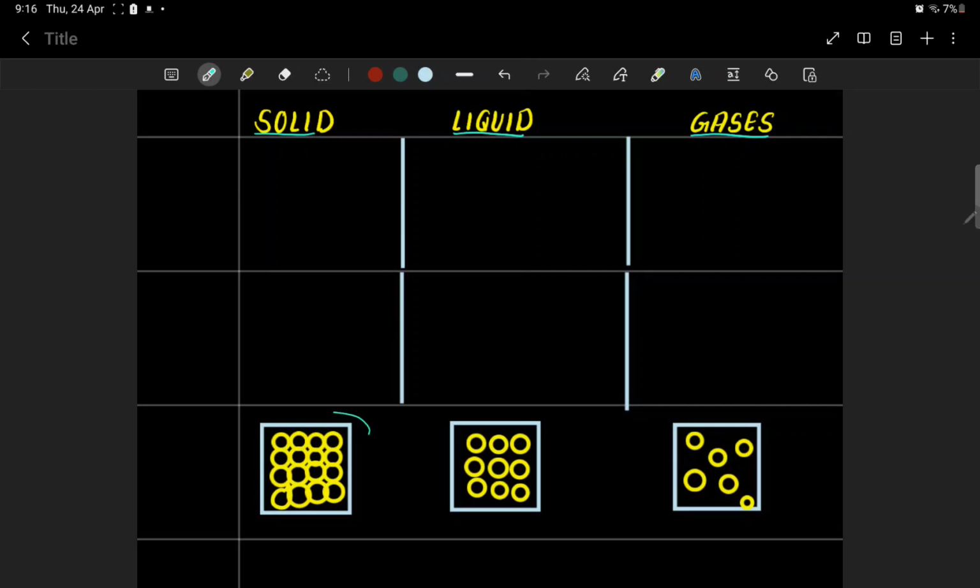So here you can observe, in solids the intermolecular space is very less. Firstly, the intermolecular space.